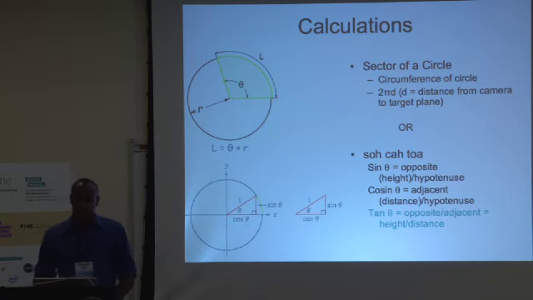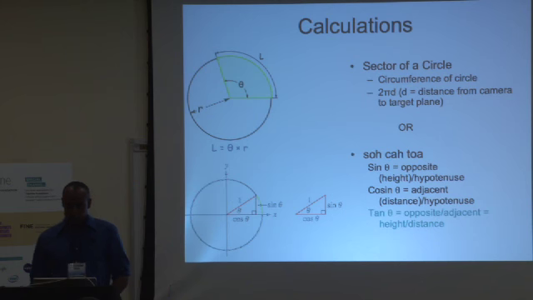Okay, so when I said that the Gigapan image is a projection on a spherical surface, that's where the calculations come in handy. Because if you're on a spherical surface, at least to a particular image plane, you essentially have a circle. Now, technically you have a sector of a circle.